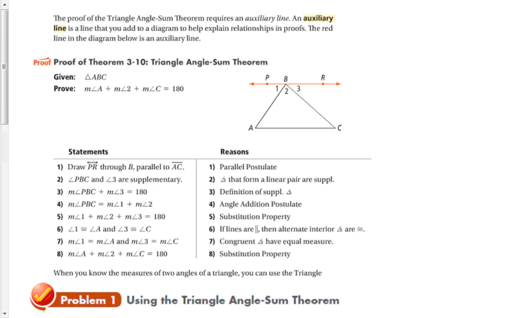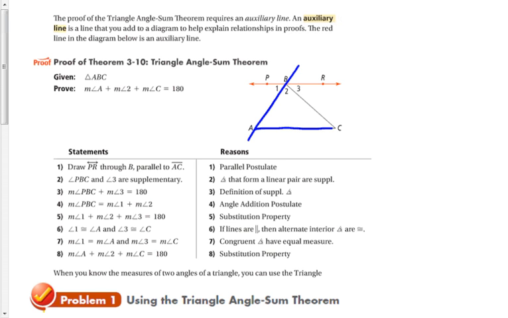And this is a proof that uses the other theorem we have, that you can draw one line through a point. Notice that if we draw a line parallel to AC, we introduce some angles, and this is now a transversal.